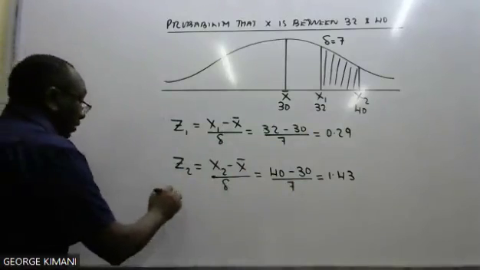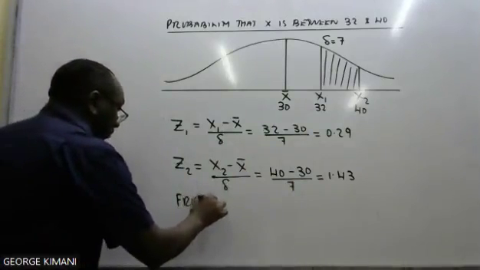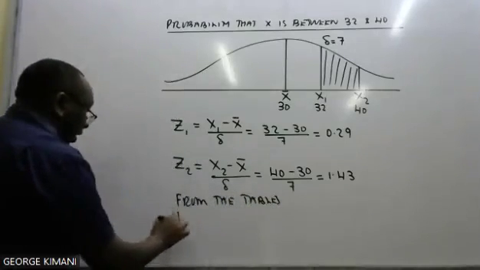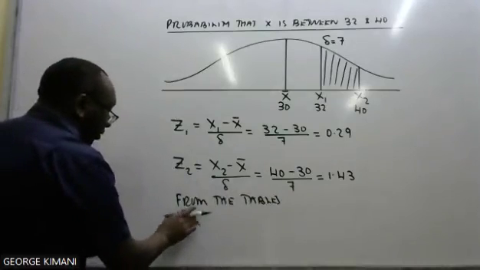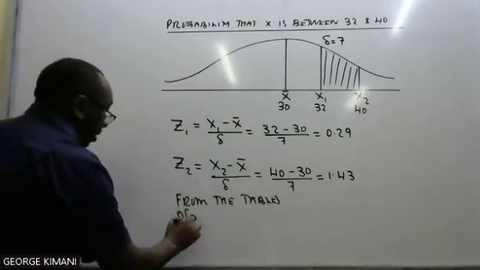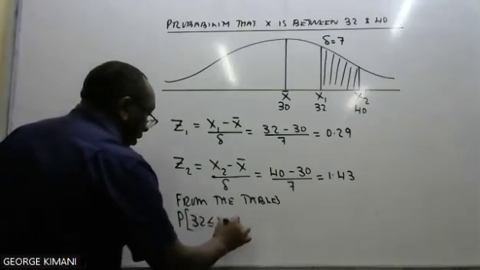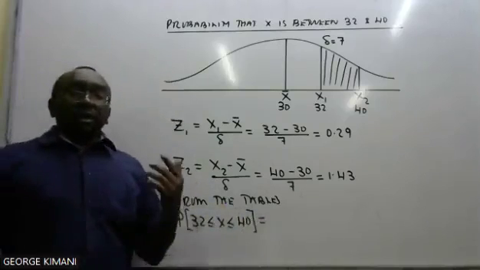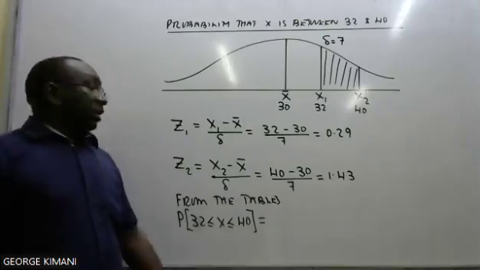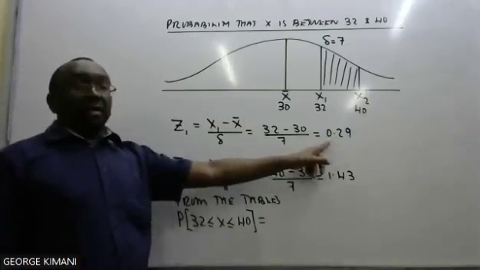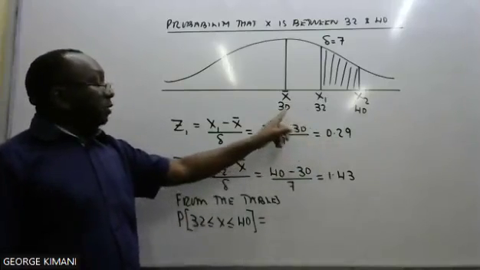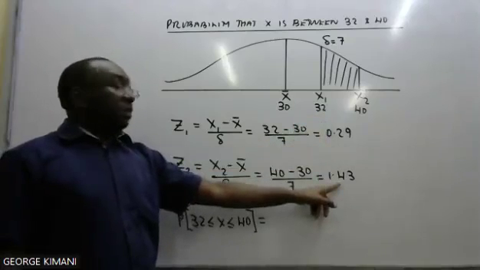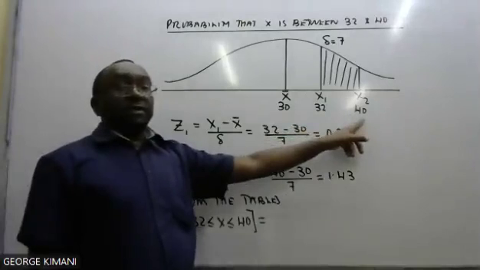So meanwhile, we proceed and say, from the tables, probability that x is between 23 and 40. Now look here. When we go to read the tables, reading this 0.29 will show us the probability from 30 to 23. This one will show us the probability from 30 to 40.